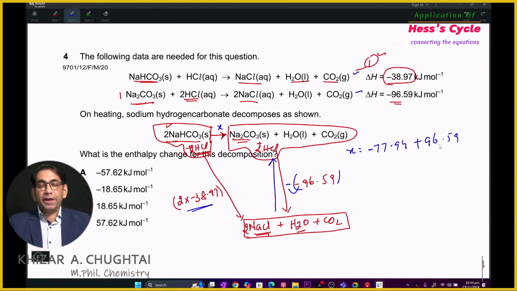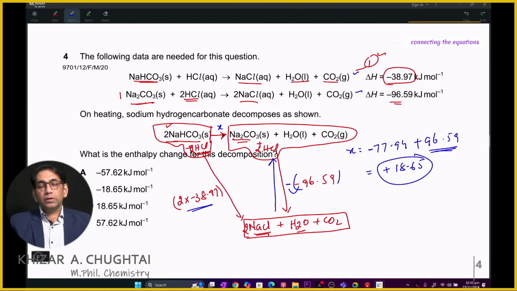And the answer is 18.65. It is positive, as this is the larger value, positive 18.65 kilojoule per mole. So C is the correct option.